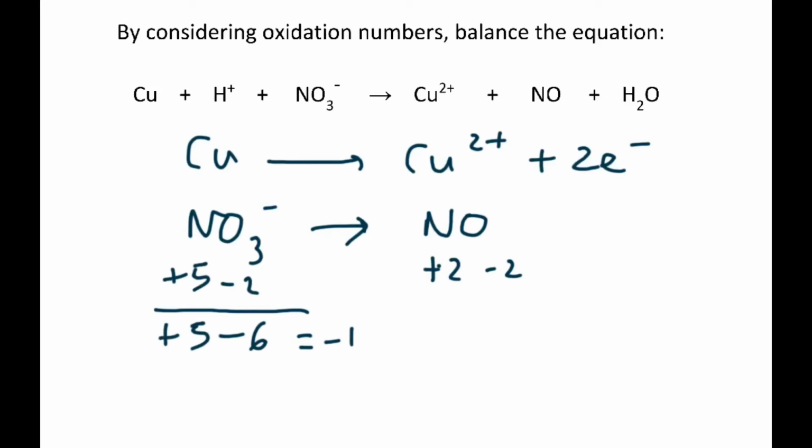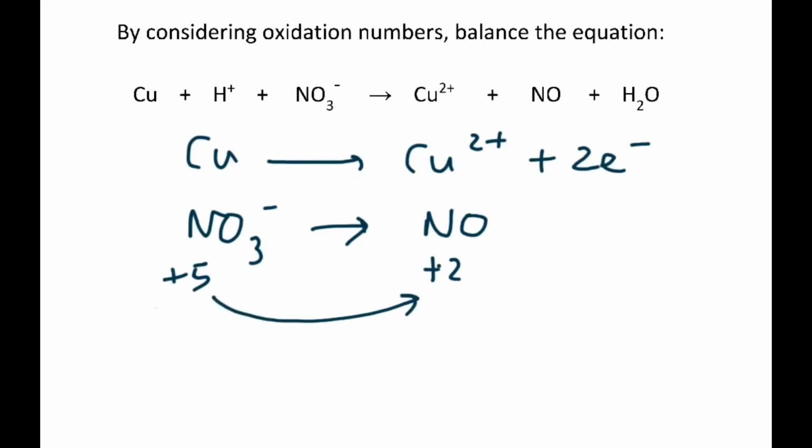So the oxidation state of nitrogen is being reduced from plus 5 to plus 2, a reduction in oxidation state, and that's a change of 3 electrons.